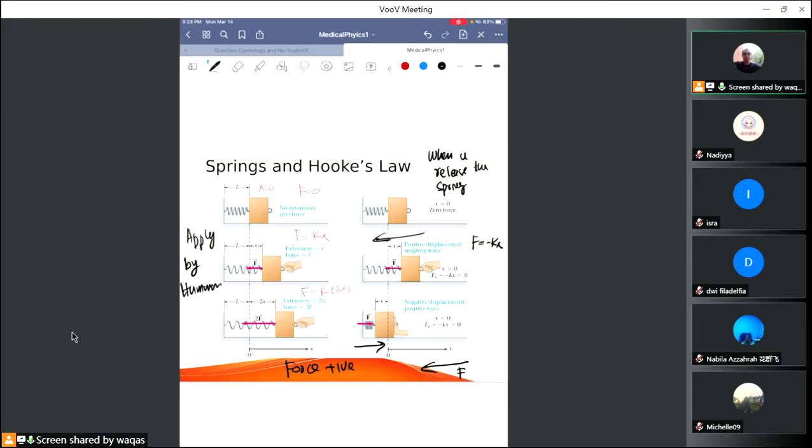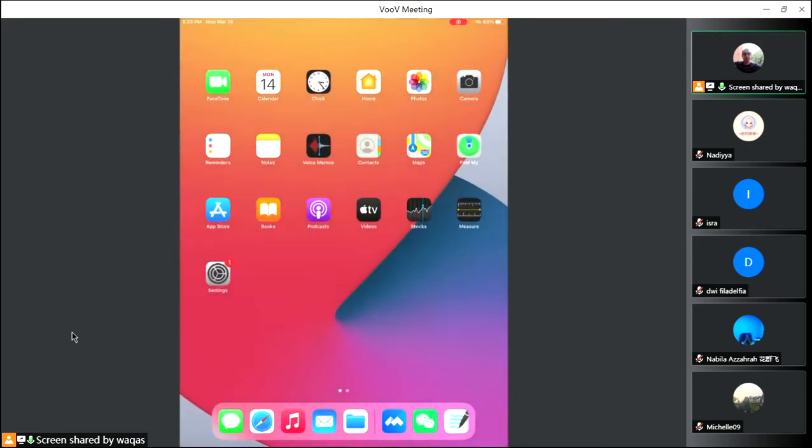Can anyone tell me why here we have a minus kx? Who can tell me this? Adi, can you tell me why we have a negative force here?